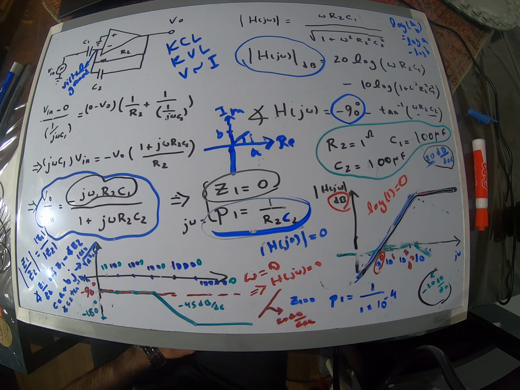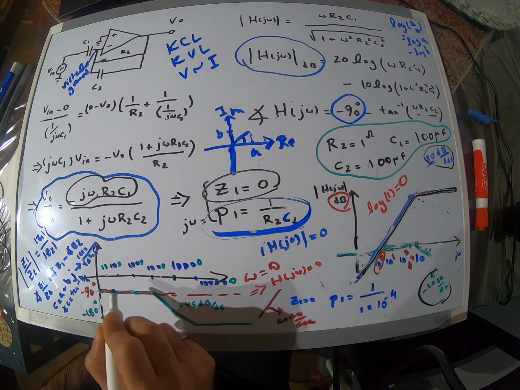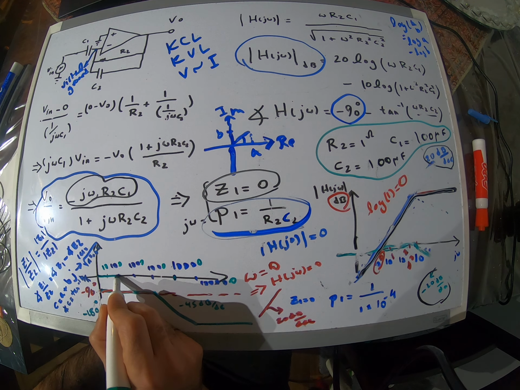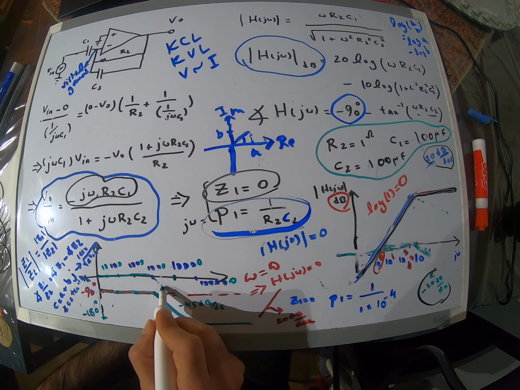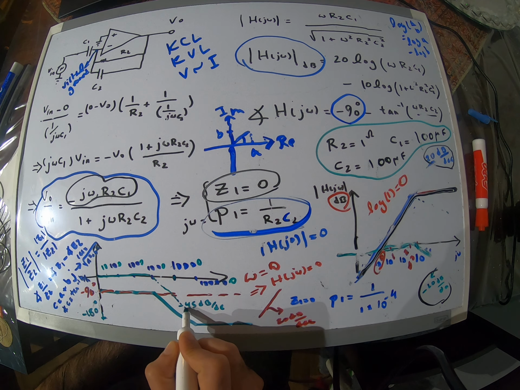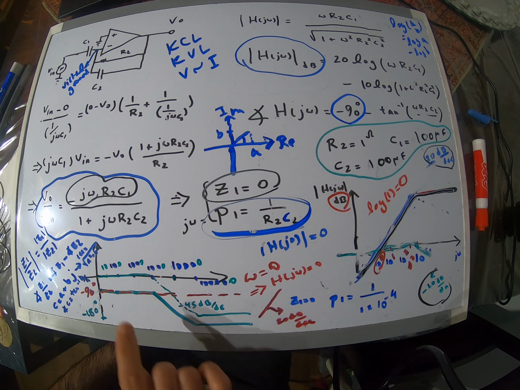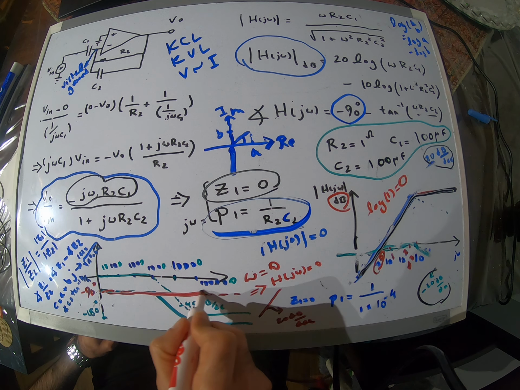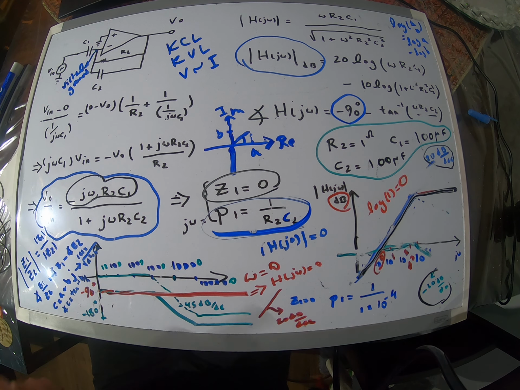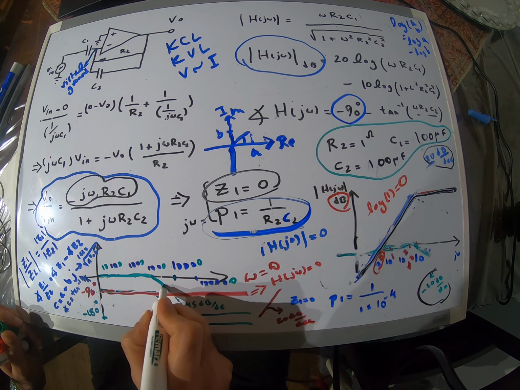Okay, so we have a pole here, right? The impact of the pole is going to start 1 decade before and last up to 1 decade after. So this is going to be the impact of our pole, and the red line is the impact of our 0. And to draw the Bode plot, we just have to add these two together.